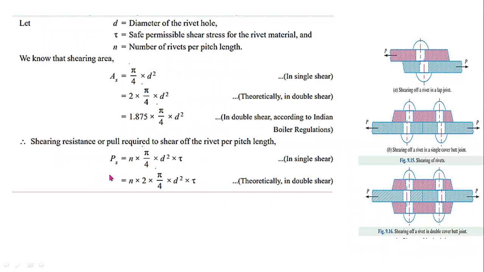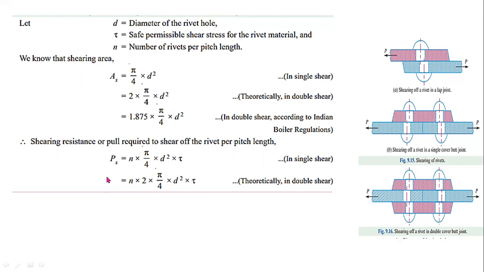Now the shearing strength, Ps, is the shearing strength. So the shearing strength in single shear equals n into pi by 4 d square into tau. Here n is the number of rivets per pitch length. That is, n equals 1 for a single riveted joint, n equals 2 for a double riveted joint, n equals 3 for triple riveted joints.